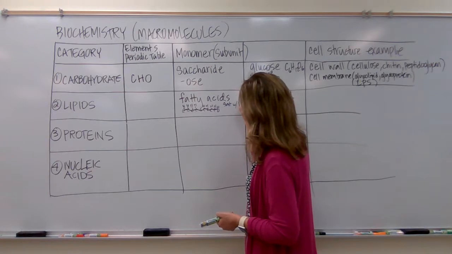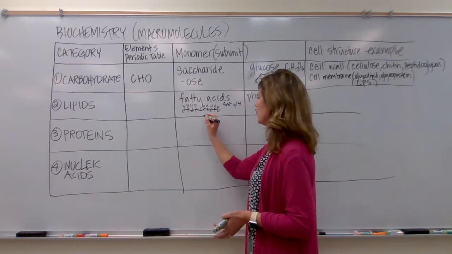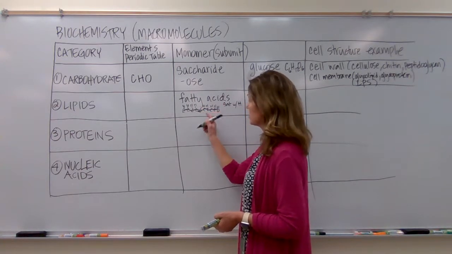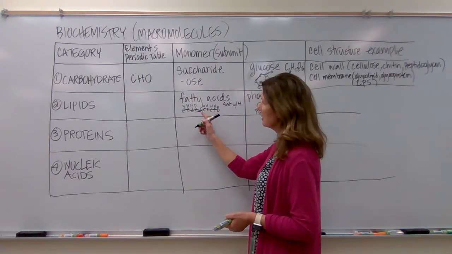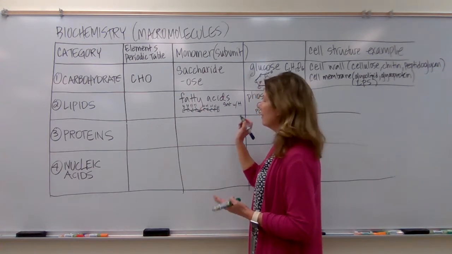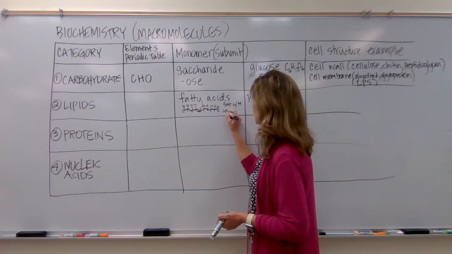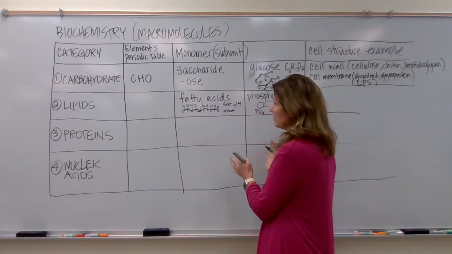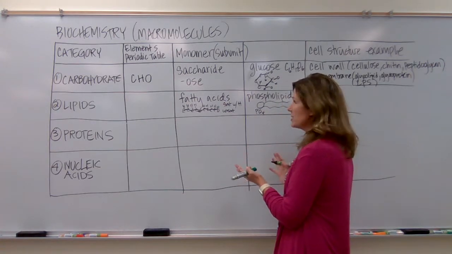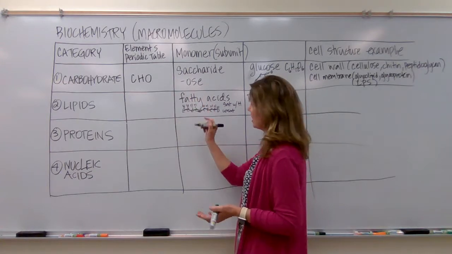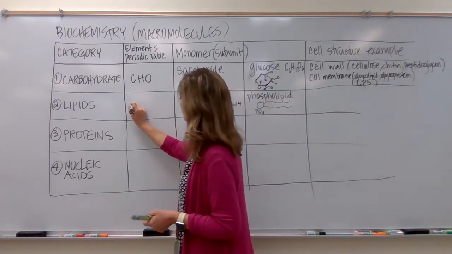However, if there are some double bonds, a double bond has the electrons shared more so between those carbons, and now we don't have this hydrogen, then it will not be saturated. That would be the difference, saturated with hydrogen or unsaturated. The elements then are the same as the carbohydrates, C, H, and O.